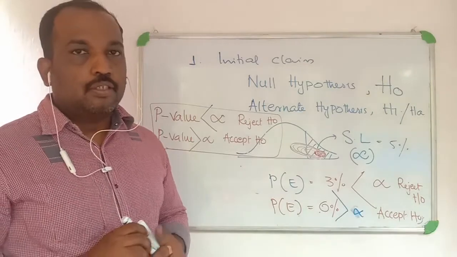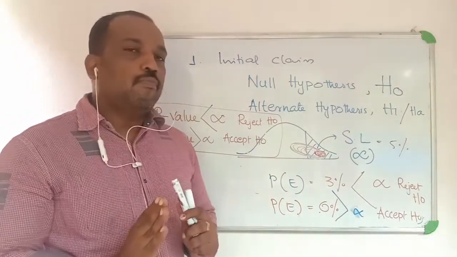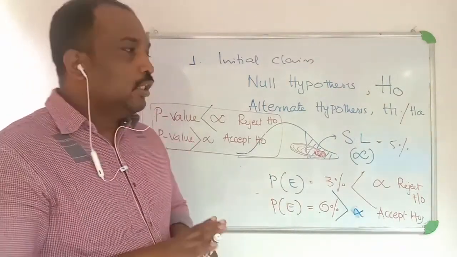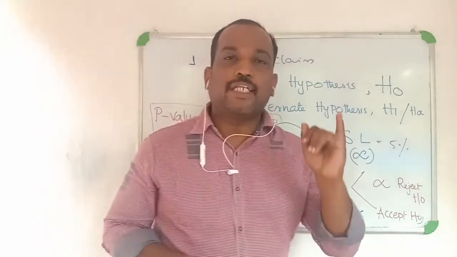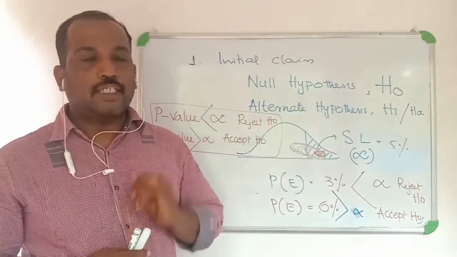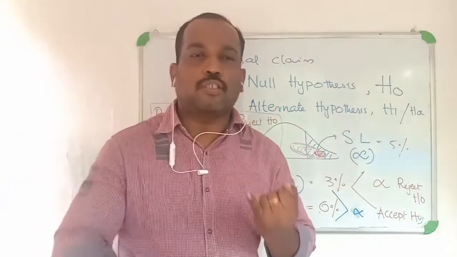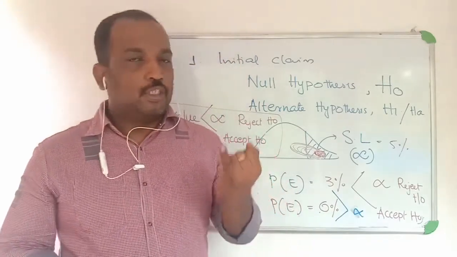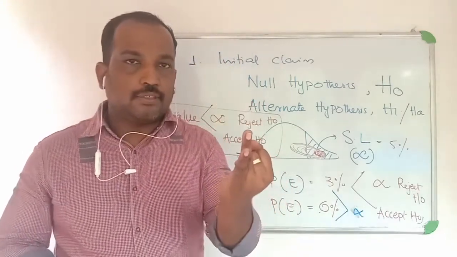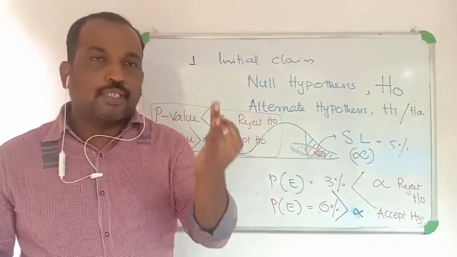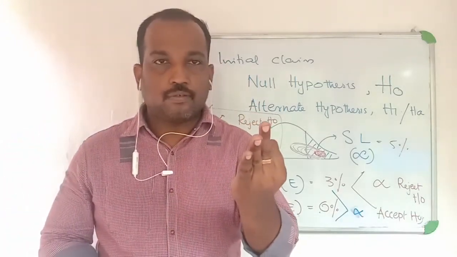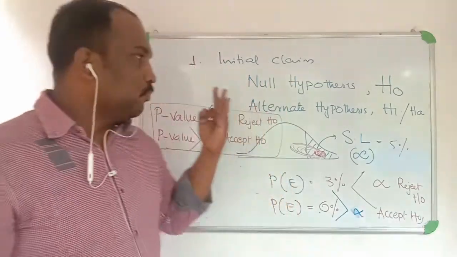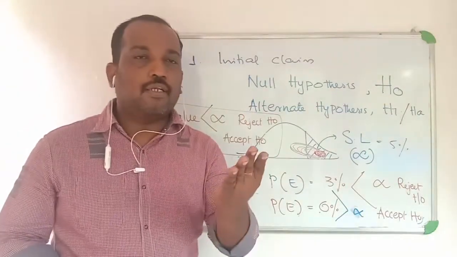So in every problem of hypothesis testing, you have to identify the random variable, meaning what the question is about, and what claim. You have to identify the parameters, and whether it is a binomial distribution. Then identify the significance level.